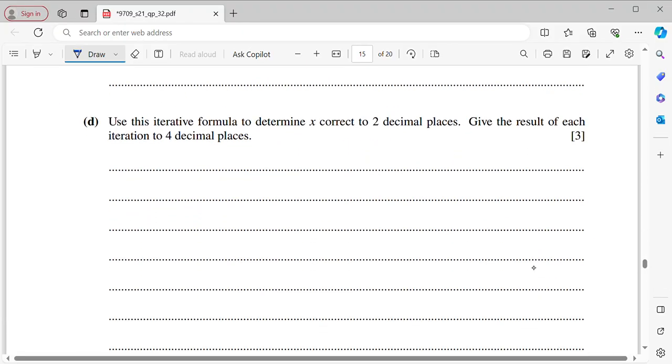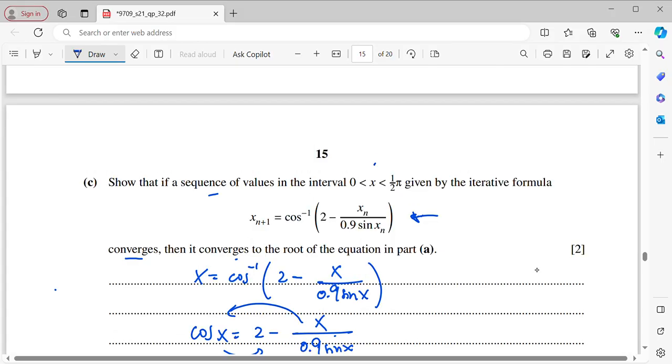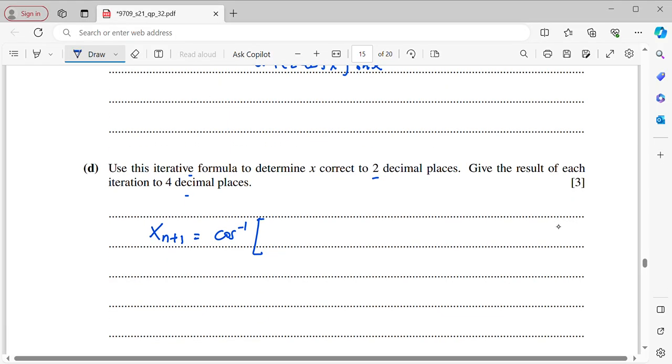Okay, D, use this iterative formula to determine the x correct to 2 decimal places. Give the results of each iteration to 4 decimal places. So rewrite the formula: x n plus 1 equals inverse cos of (2 minus xn) over 0.9 sine xn.